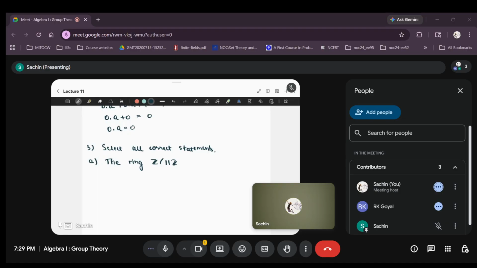So here it doesn't matter. The thing here is the ring Z mod 11Z has exactly 11 units. Is that true? First of all, how many elements does Z mod 11Z have?